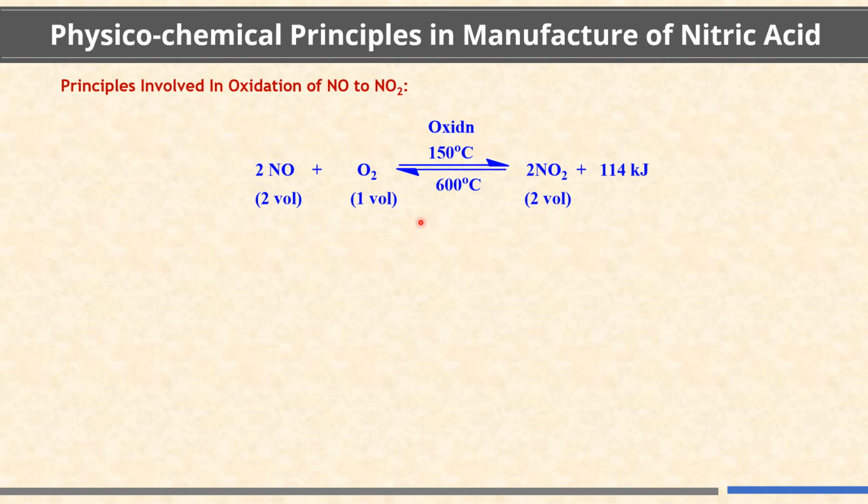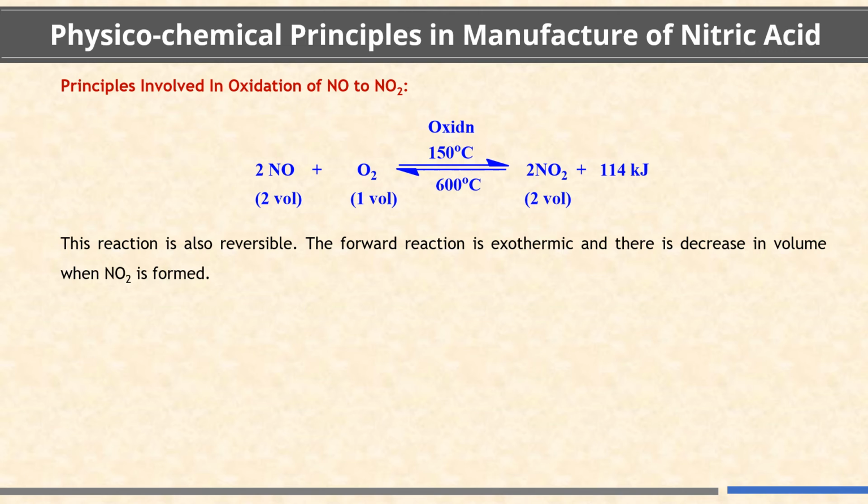The 3 volumes of the reactant give rise to 2 volumes of the product with evolution of 114 kilojoules of energy. This reaction is also a reversible reaction. Forward reaction is exothermic and there is decrease in volume when nitrogen dioxide is formed.